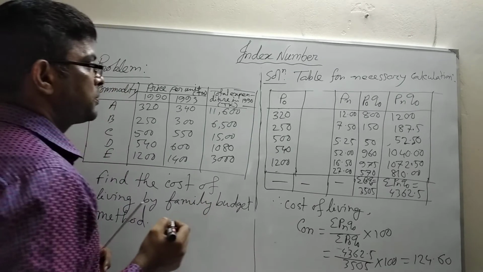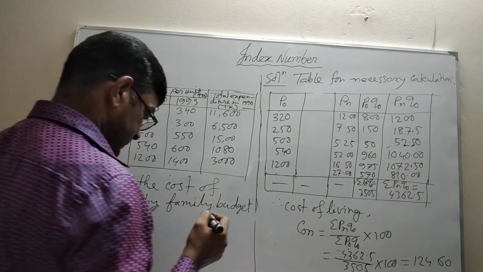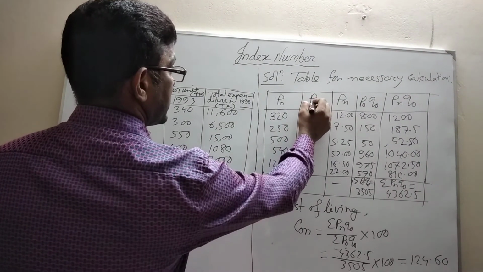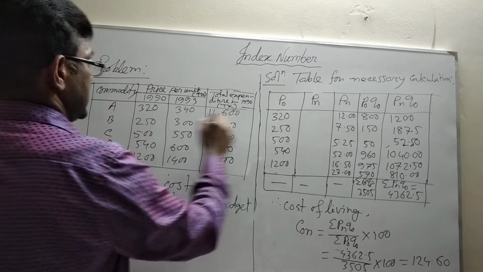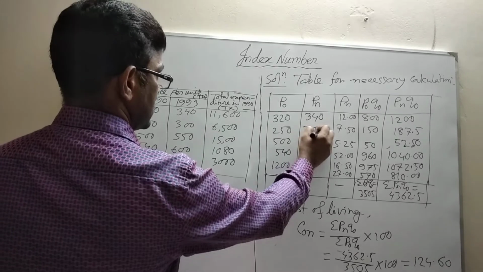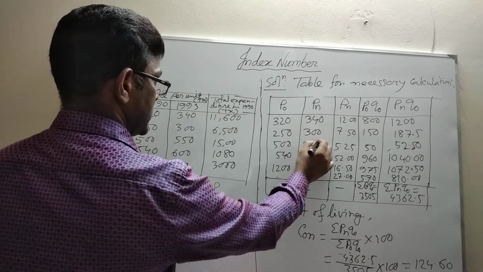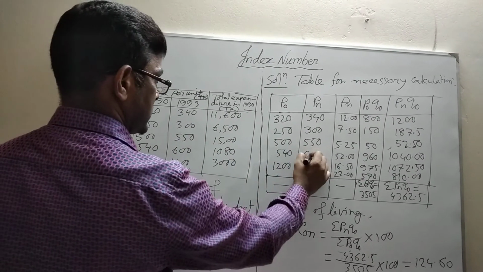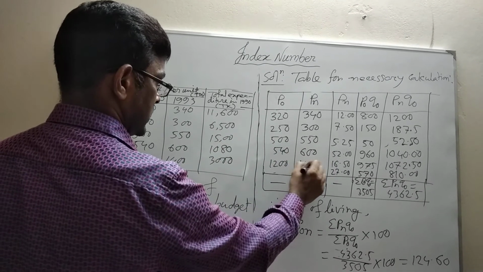This is the price of the base year. Pn, price of the current year: 340, 300, 550, 600, 1400.